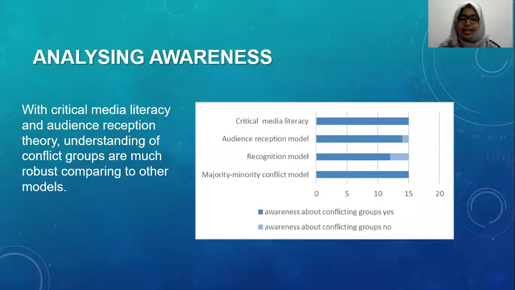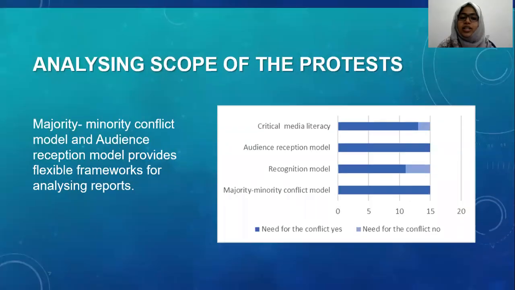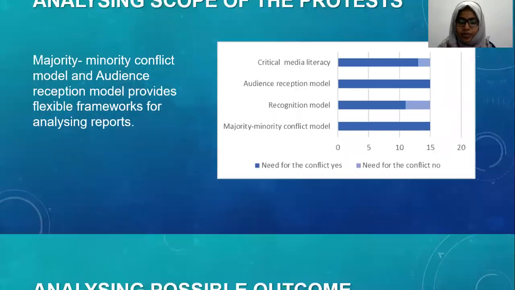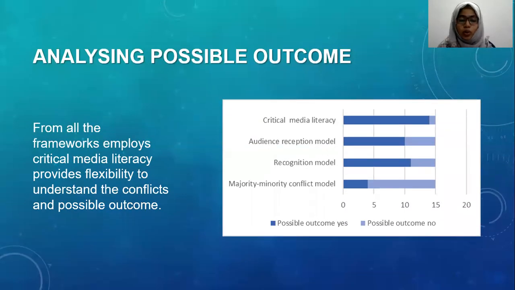By analyzing the awareness, we could conclude that the critical media literacy and majority-minority conflict models provide a much more flexible platform for understanding the awareness about the conflict. To understand the scope of the protest, the majority-minority conflict model and audience reception model give a more flexible platform in order to understand the possible outcome, which was very important for the public.